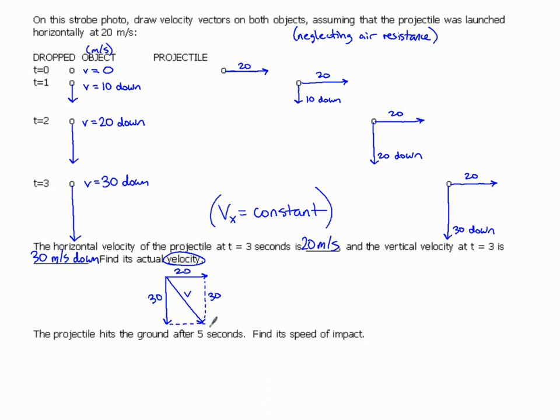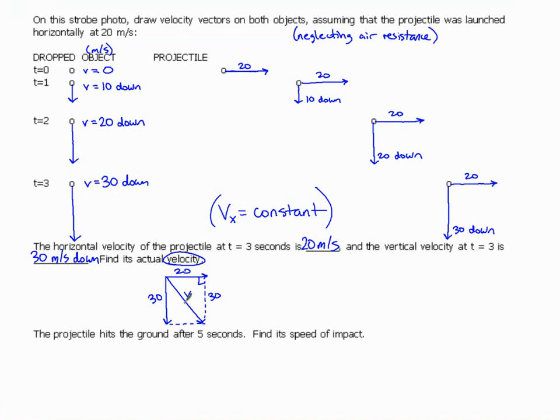So when we want to know its actual velocity, we're going to use the Pythagorean theorem, because what we have here is a right triangle, because we're talking about exactly horizontal and vertical. We have a right triangle, and we're looking for the hypotenuse.